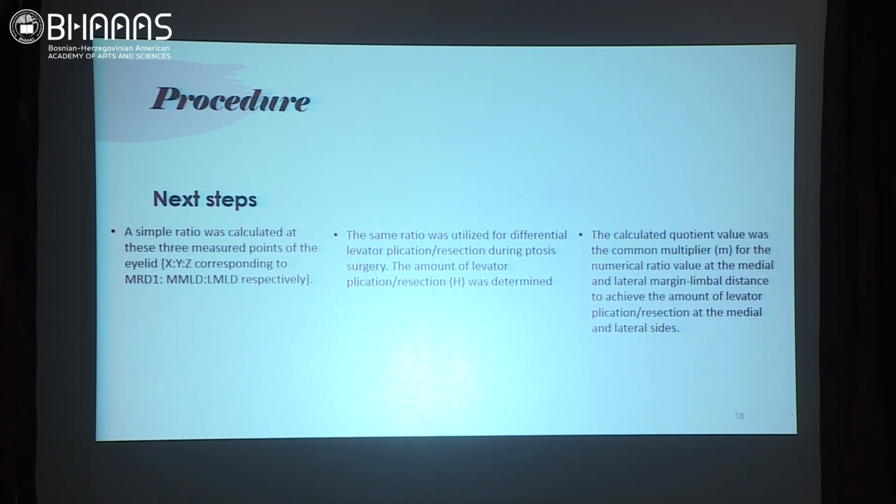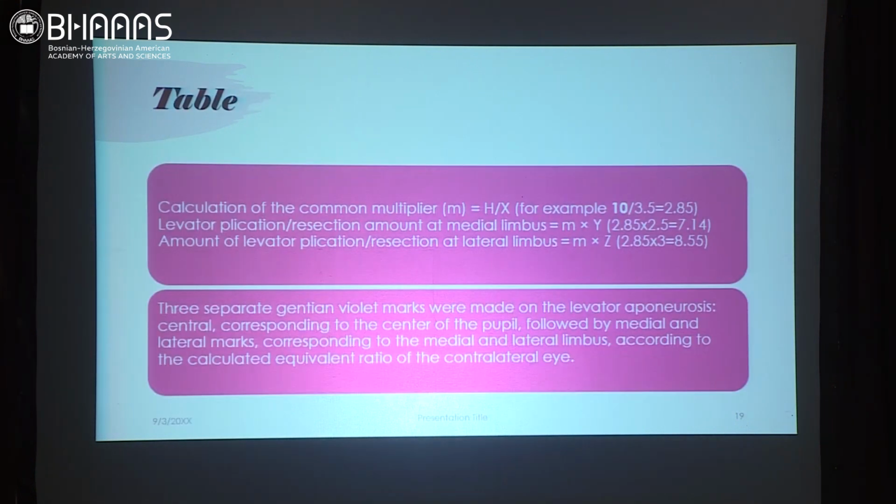And then you also need the common multiplier M, which I will show you how to calculate. So H is how much you want to resect, let's say it's 10, and X is the margin reflex distance 1, usually let's say 3.5.